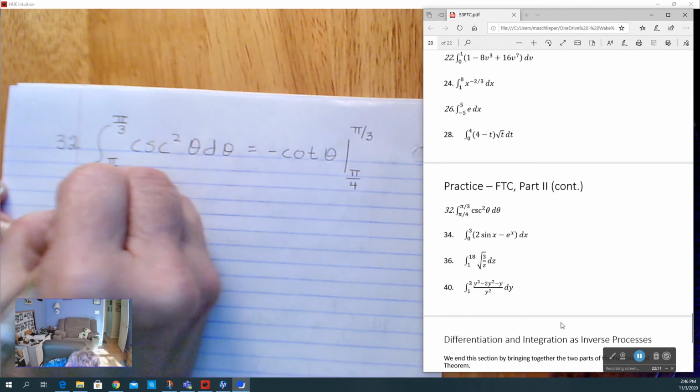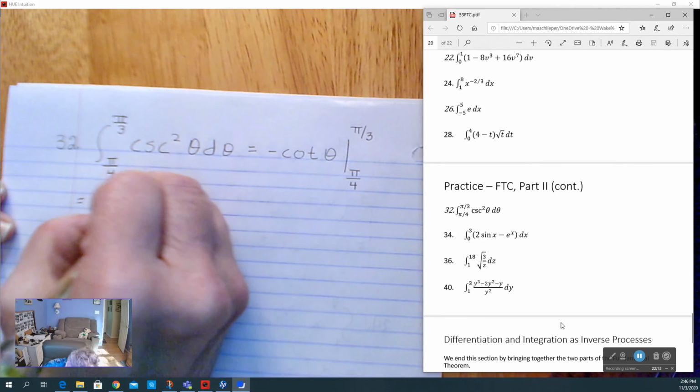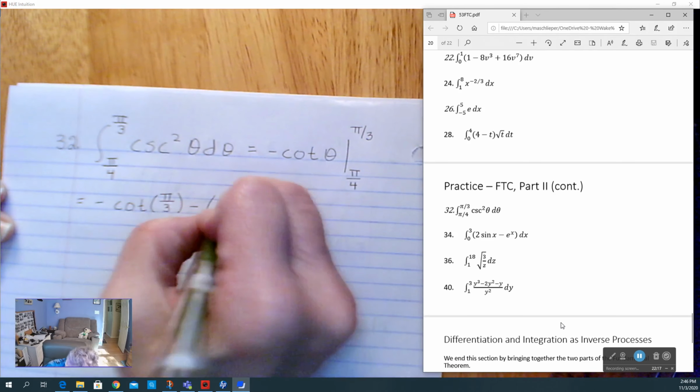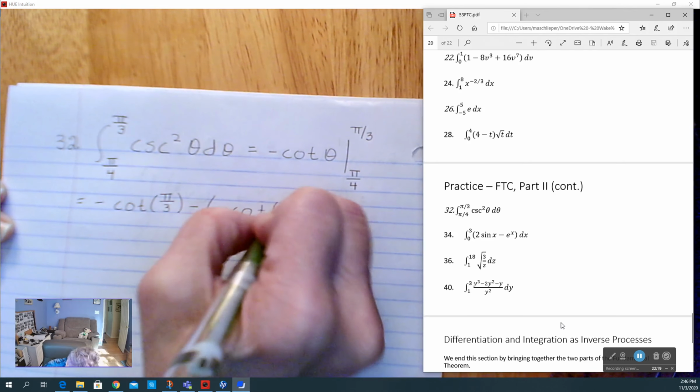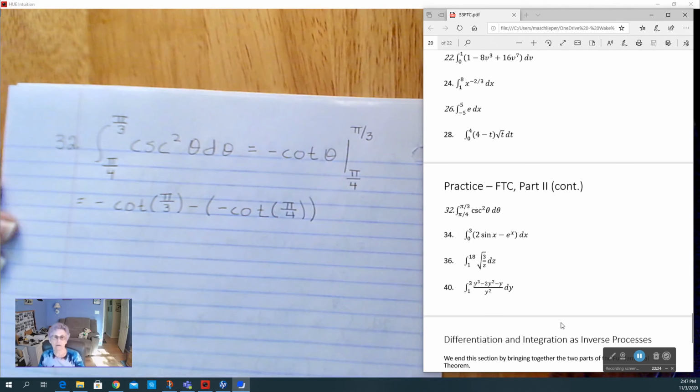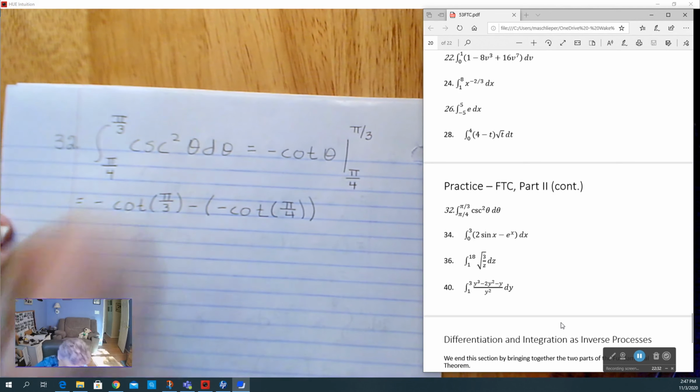So negative cotangent of the top, pi over 3, minus negative cotangent of the lower limit, which is pi over 4. Cotangent is cosine over sine. Cosine of pi over 3 is 1/2.